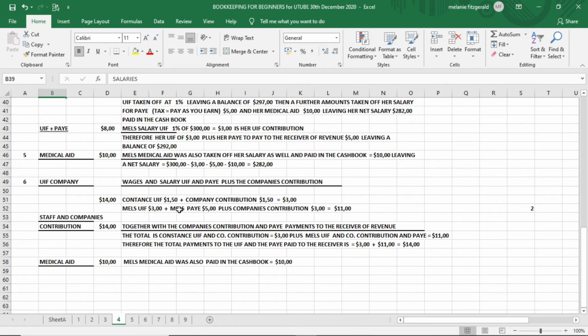It's an equal amount. So it equals $3. Mel's UIF of $3 plus Mel's pay as you earn plus the company's contribution of $3 equals $11. So the company also contributed $3 to the UIF of Mel. So that equals $11. The staff and company's contribution, $14.